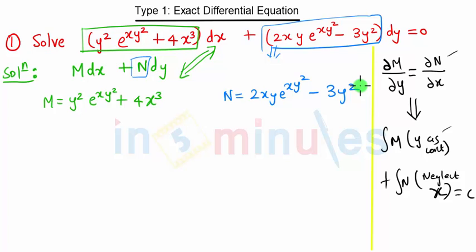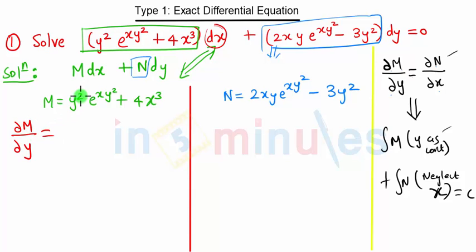After we find M and N, what are we going to do? We are going to check whether ∂M/∂y is equal to ∂N/∂x. For that, we will differentiate M first. ∂M/∂y. Since here it is dx, we will consider ∂y. So we are going to differentiate M with respect to y, treating x as a constant.